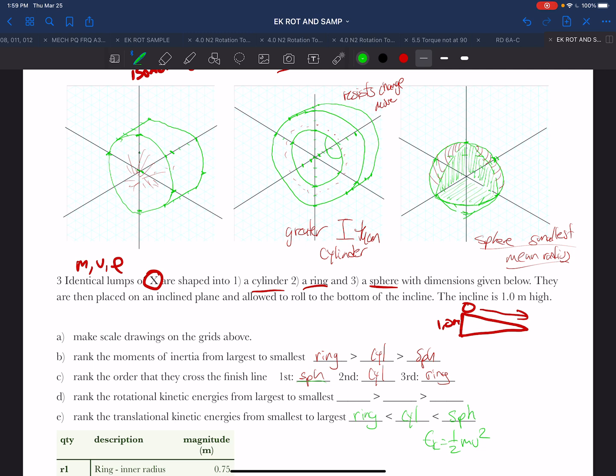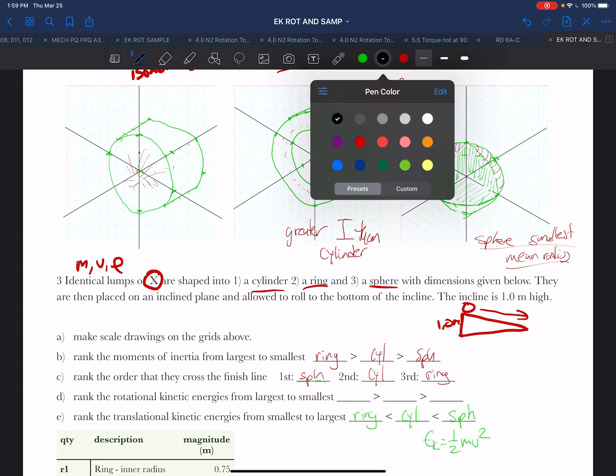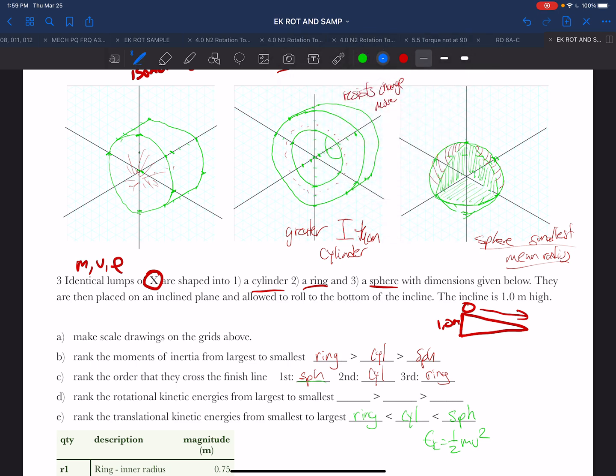Now what we know at the top is we have gravitational potential energy, EPG. And when we get to the bottom, we have kinetic energy translational plus kinetic energy rotational. This gravitational potential energy has been converted to both. So the sum of these two must add up to the gravitational potential energy.